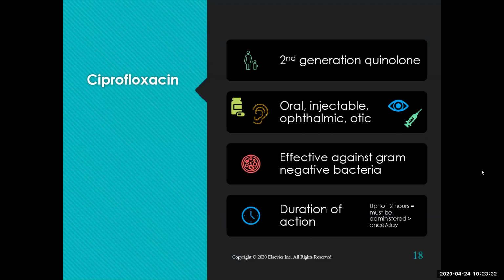And again, it's effective against gram-negative bacteria. The duration of action for cipro is up to 12 hours, so that means it has to be administered more than once a day.